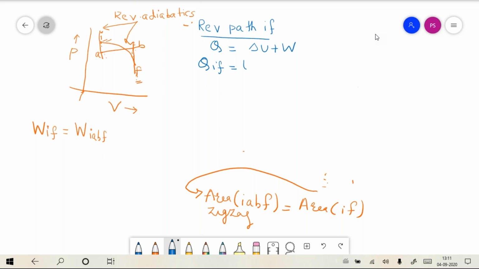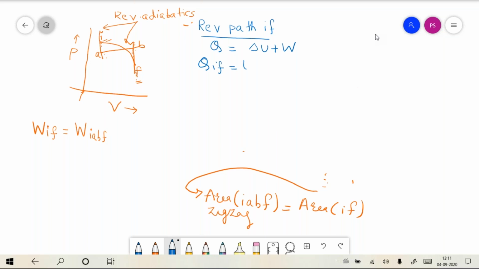Now let me apply the first law of thermodynamics to the zigzag path. Applying this, you get Q_IABF equal to the change in internal energy between the end states.